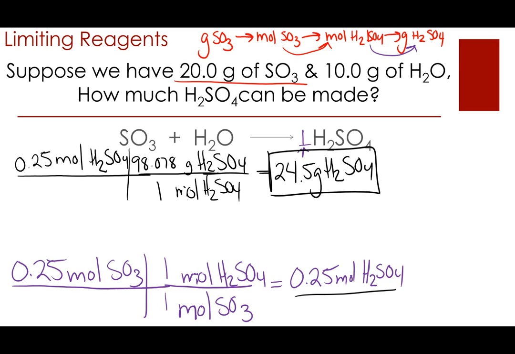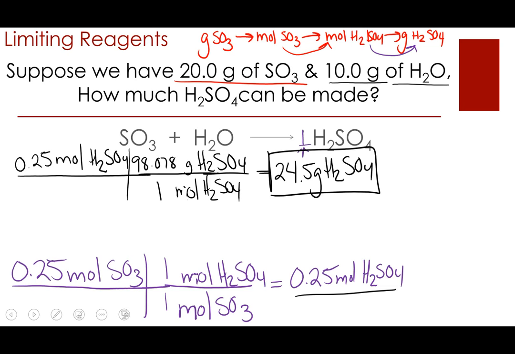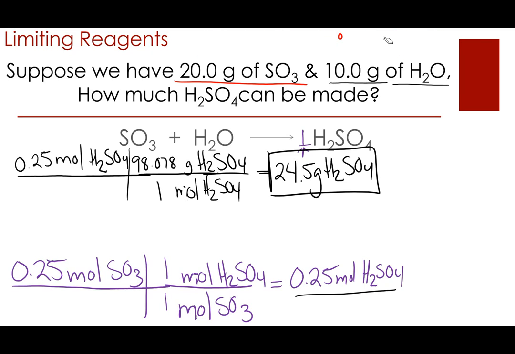Now we have to do the same thing with water. So we're going to do the same process starting with 10 grams of water. Okay. Looks like I'm going to have to erase all this. Okay. All right. So up here, I'm just going to write this number because I'm going to have to erase it and use this slide.